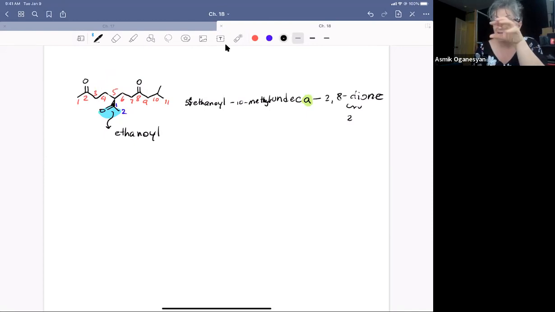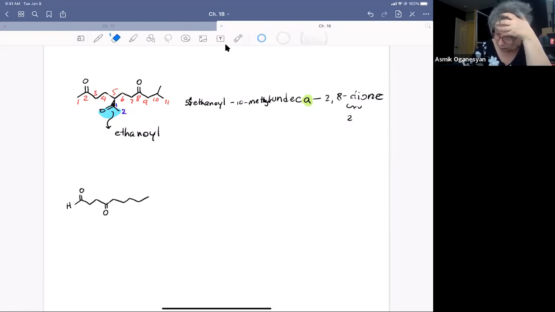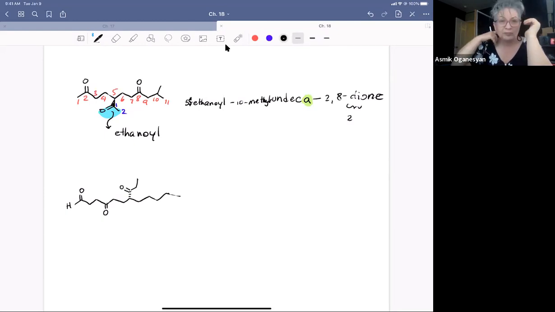Now let's take a look at another example here. How would I name this compound?